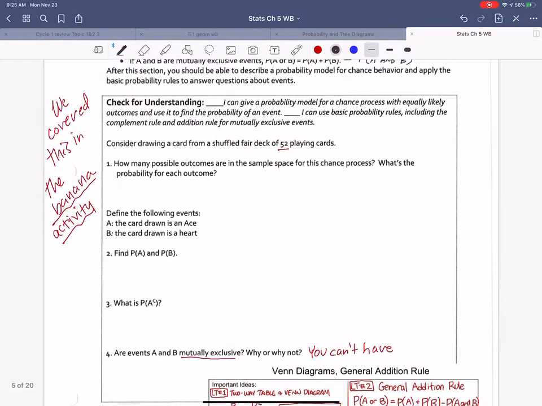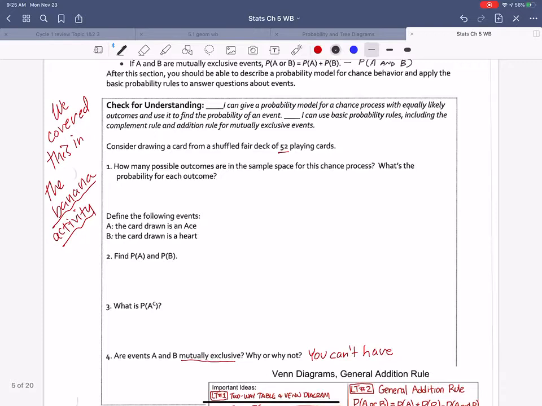Let's take a look. It says, consider drawing a card from a shuffled fair deck of 52 playing cards. How many possible outcomes are there in the sample set? So there's 52 possible outcomes, right? And then what is the probability of each outcome? If there's 52 possible outcomes, then each outcome is equal to 1 over 52.